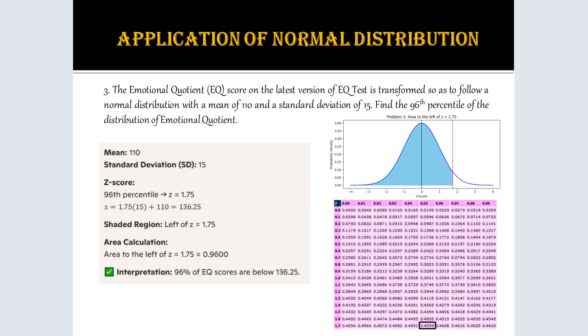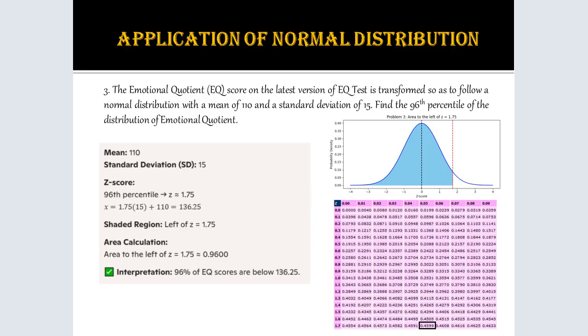Find the 96th percentile of the distribution of emotional quotient. Sorry, guys, with a mean of 110. And the standard deviation is 15. Now, for the z-score, we need to get the 96th percentile.